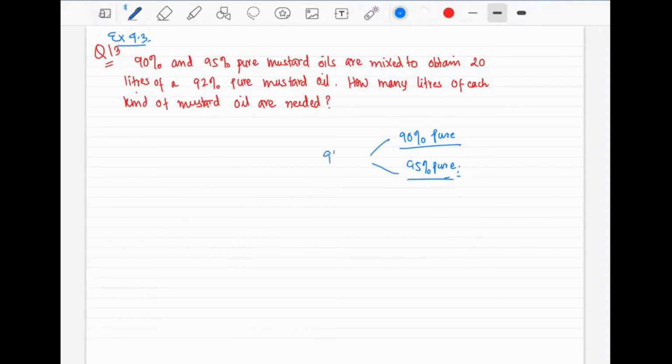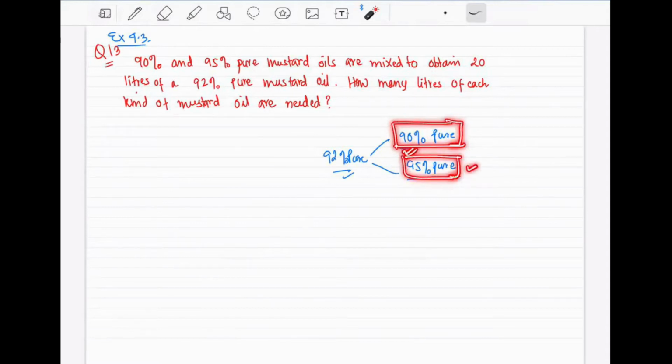We obtain 92% pure. The question is: how many liters of each kind? Each kind means the 90% pure kind and the 95% pure kind. How much quantity of each type of mustard oil do we take in order to obtain this much?